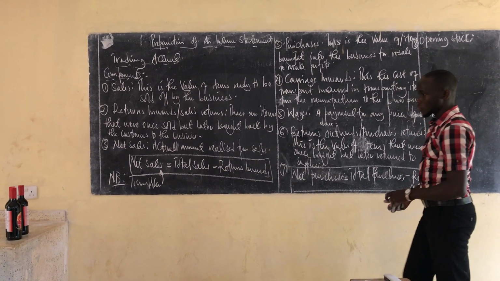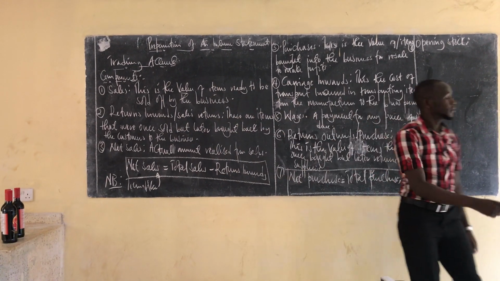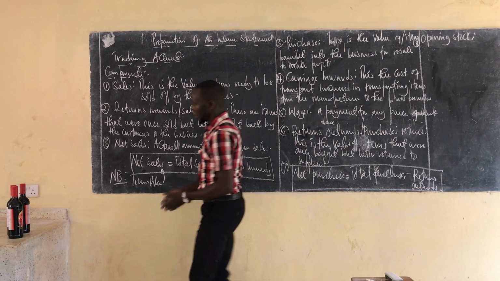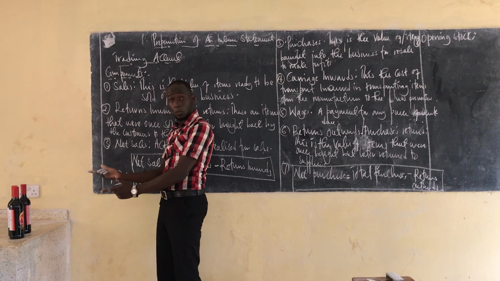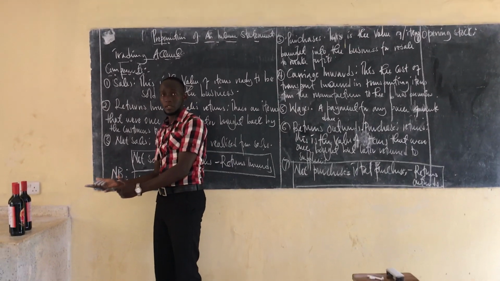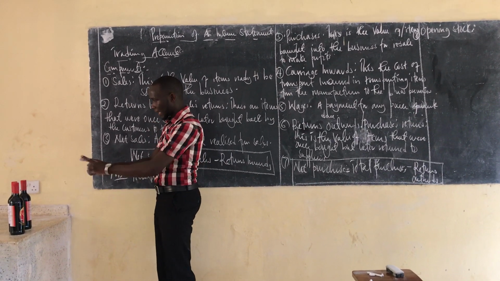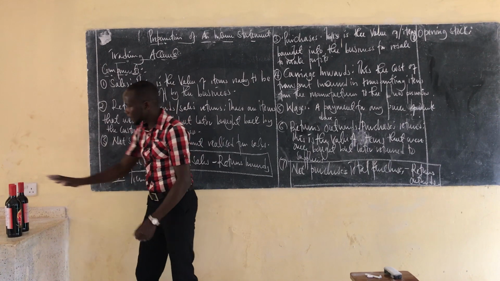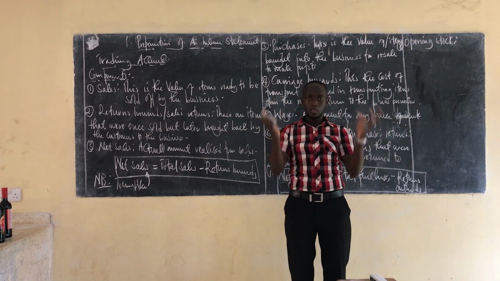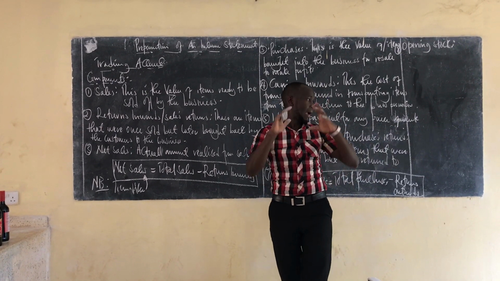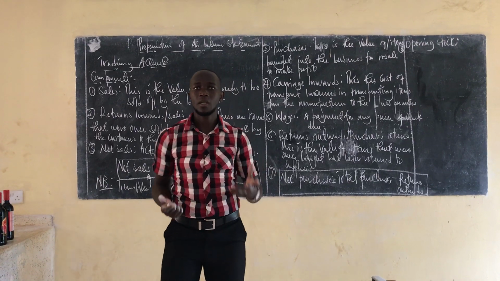Now, opening stock. If I came in the morning, that's the business. Hello, good morning. If this person has just opened, I'm saying good morning to the entrepreneur who is the owner of this business. If this person opens and I see 3 bottles that he has started with, then these 3 bottles become the opening stock. The amount of goods that someone has at commencement is what someone refers to as the opening stock.